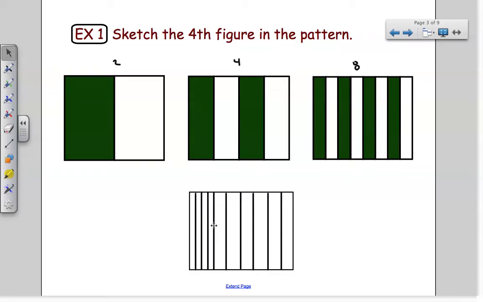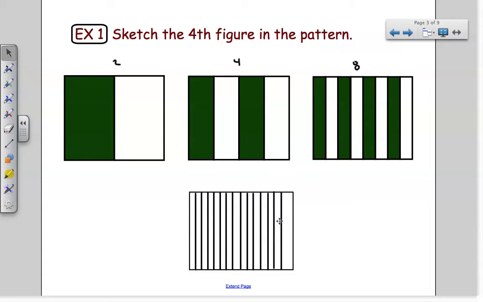And I realize this is taking forever here. Eventually we'll get to this point. And then the last step, after I get all these, will be to do my alternating green and white rectangles.